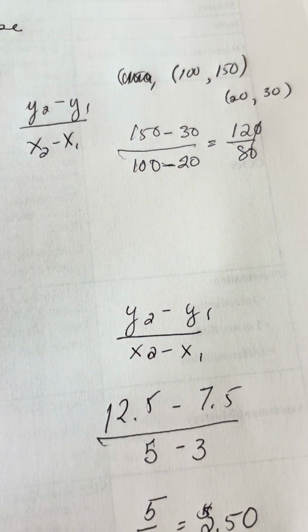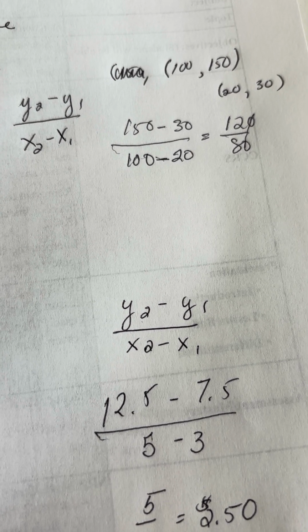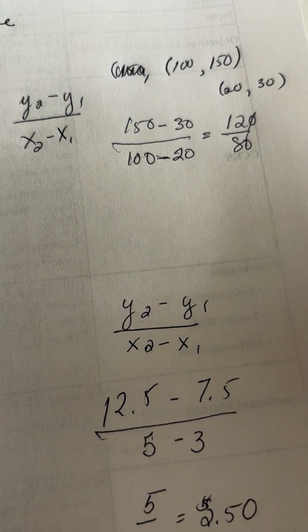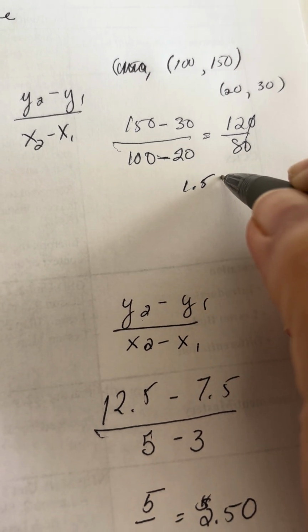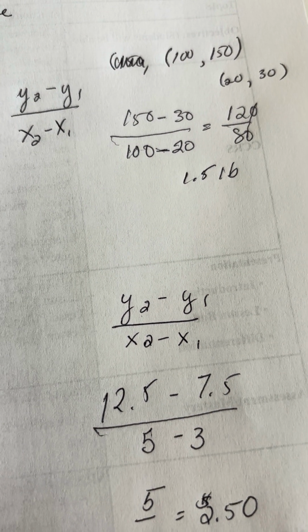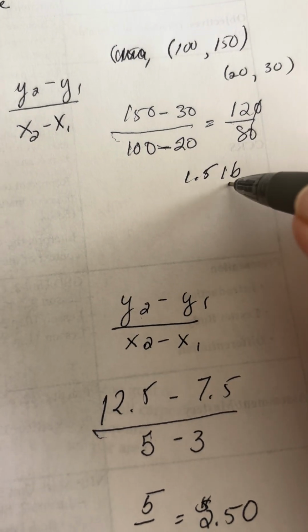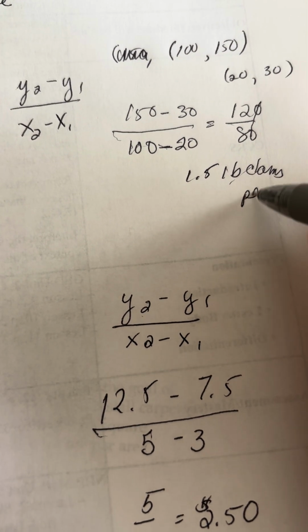So I've got 120 over 80, which is 1.5. So that means I'm going to order 1.5 pounds of clams per person.